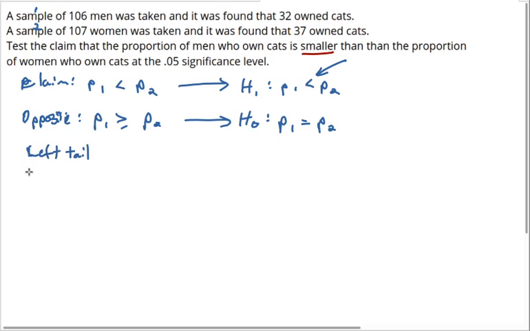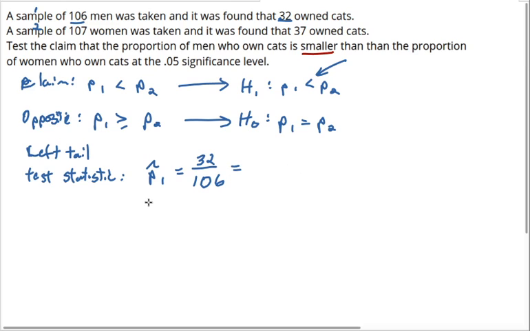Now to calculate the test statistic, I need a couple things. I need to know what P1 hat is, that is, my sample proportion for the men, and we get that simply by dividing 32 by 106. The number of successes, if we talk in our binomial terms, by the total number of trials.